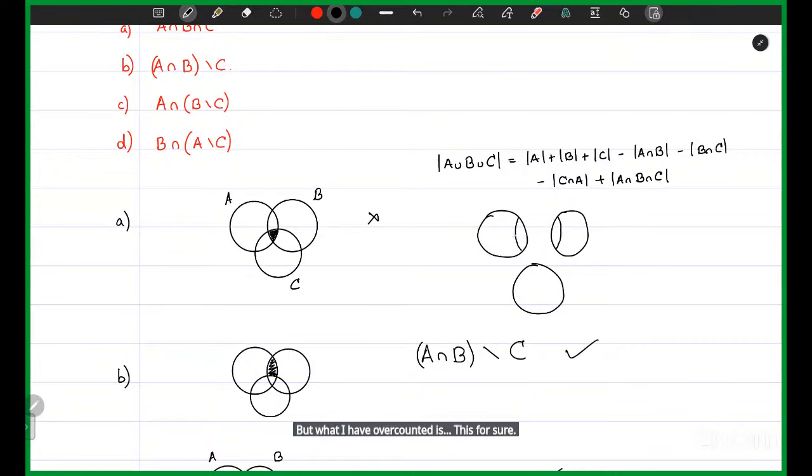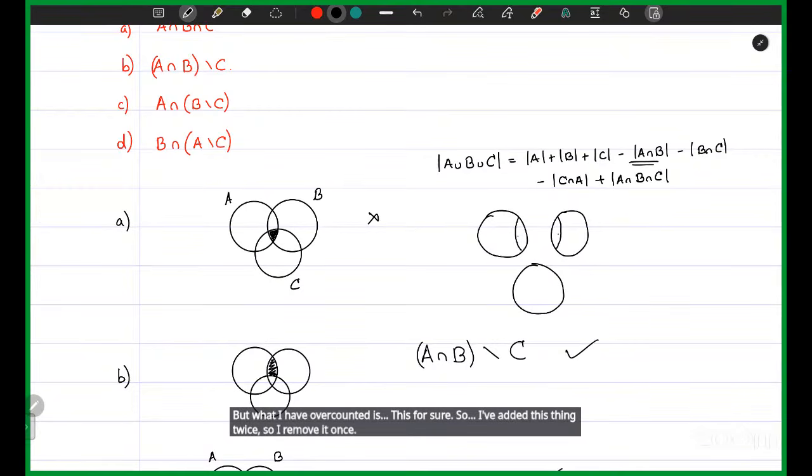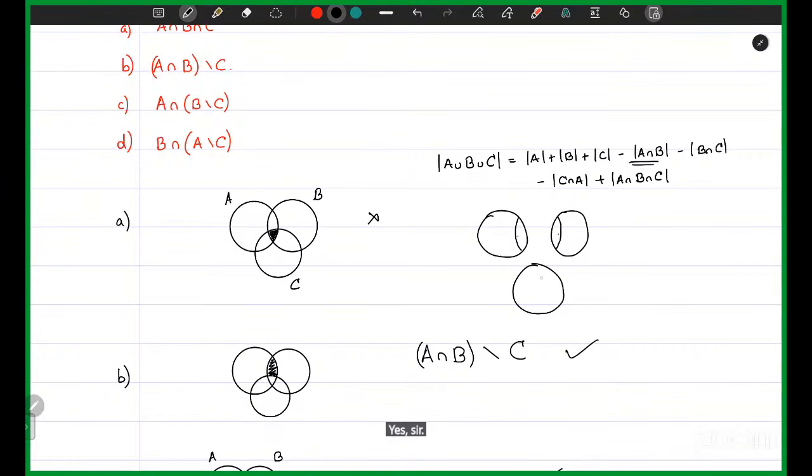I've added this thing twice, so I remove it once. Then I realize that I have added this part twice, so I remove it once.